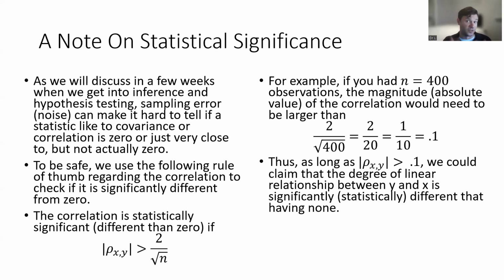If we got a correlation of 0.2 positive, we could say, okay, we have a positive linear relationship. It's significant. Maybe not super strong, but it is significantly different than none. If we got a correlation of like negative 0.15, well, the absolute value of that's also bigger than 0.1. So that would be a statistically significant correlation in the negative direction, even though maybe it isn't very strong.